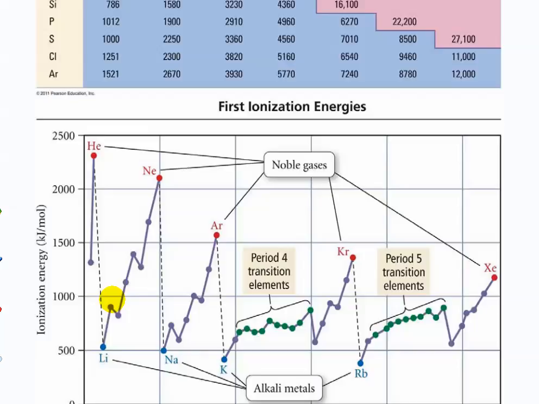As you go across, you increase the number of electrons, but you also increase the number of protons. So the nucleus has a greater charge as you go from left to right, and that increases the pull on the electrons and makes them lower energy. So that's why the things on the right will have higher ionization energies than ones over on the left.